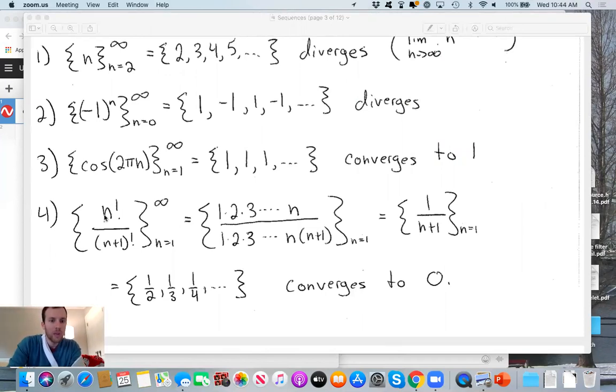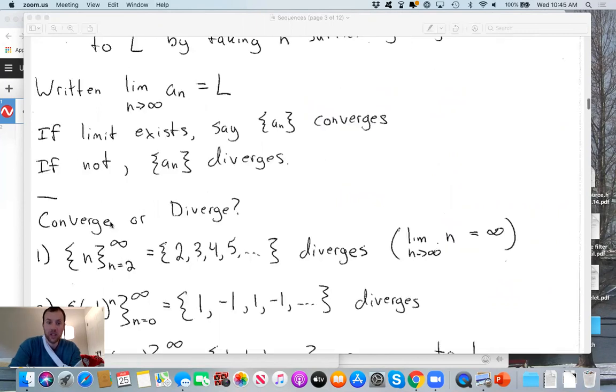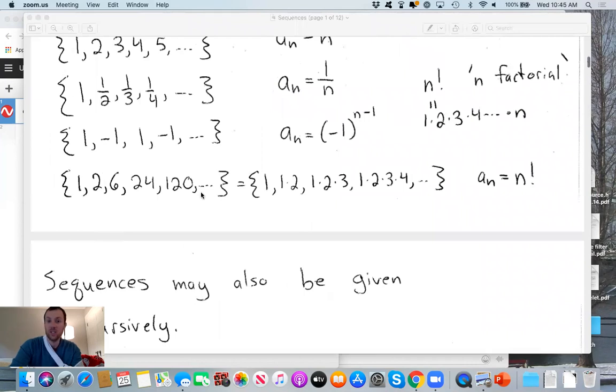So as one last example of talking about specific sequences converging, we can look at this expression, n factorial over n plus 1 factorial. Now, if we look back at what n factorial looks like, that was one of our sequences.